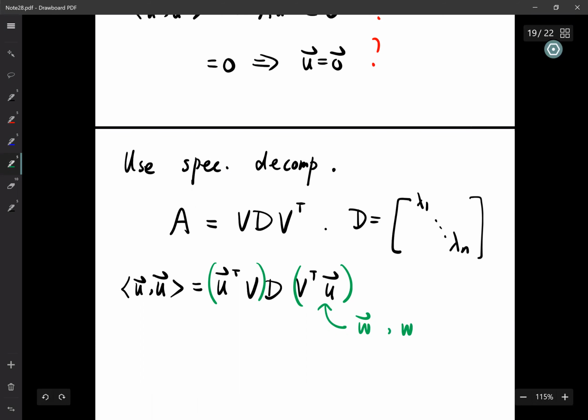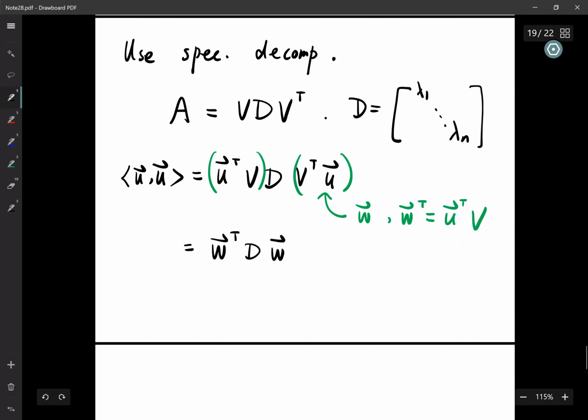Then W transpose is nothing but u transpose V, which is here. So this is W transpose D W. What is W transpose D W? Write it in component form.